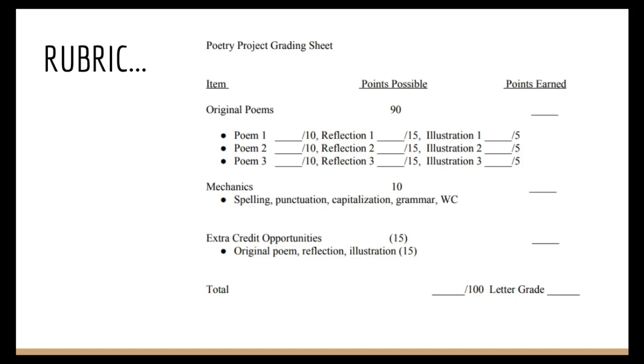This is going to go into your project score for your grade in Aries, so it's important that you do put in your best work and ask questions to me or Mrs. Connor if you have them. And then the extra credit opportunity is if you write an additional poem. So 15 points possible for your 4th poem, reflection, and illustration.